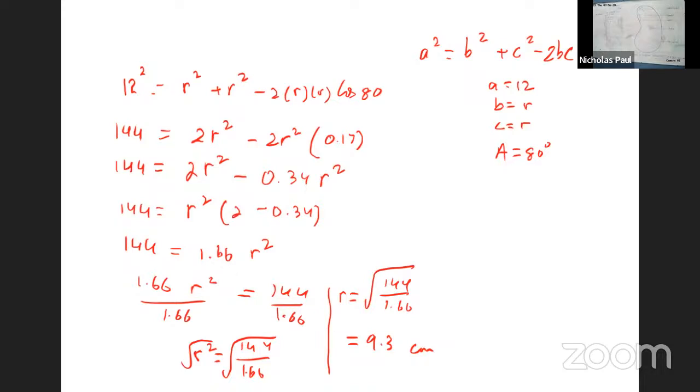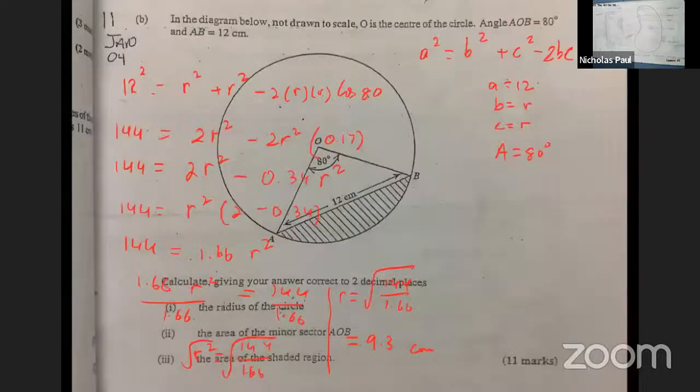Copy it down and finish out the rest. All right, the rest of it is easy. The rest of it is to find the area of the minor sector, then the shaded region.